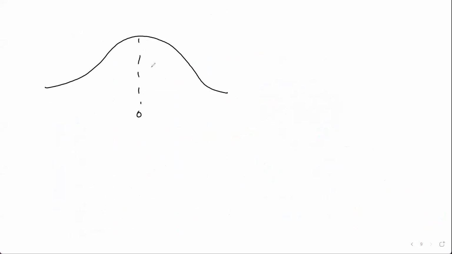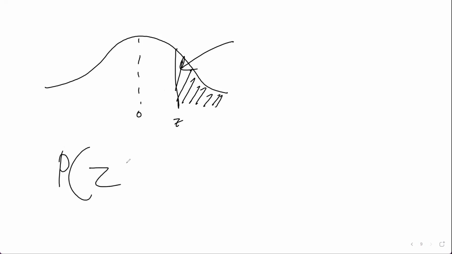Then the right tail, so they're talking about this tail, not this tail, right? And the maximum value is 0.5. Everything else is less than that. So they are talking about this one, right?